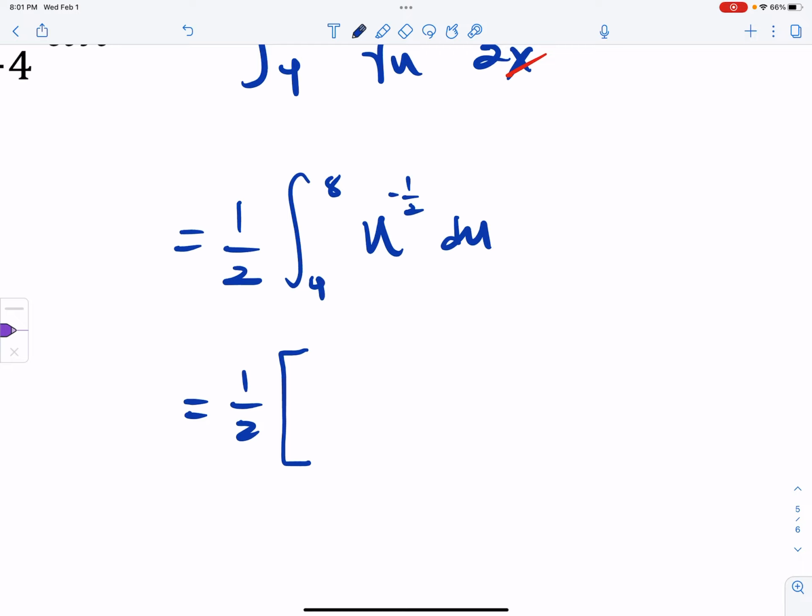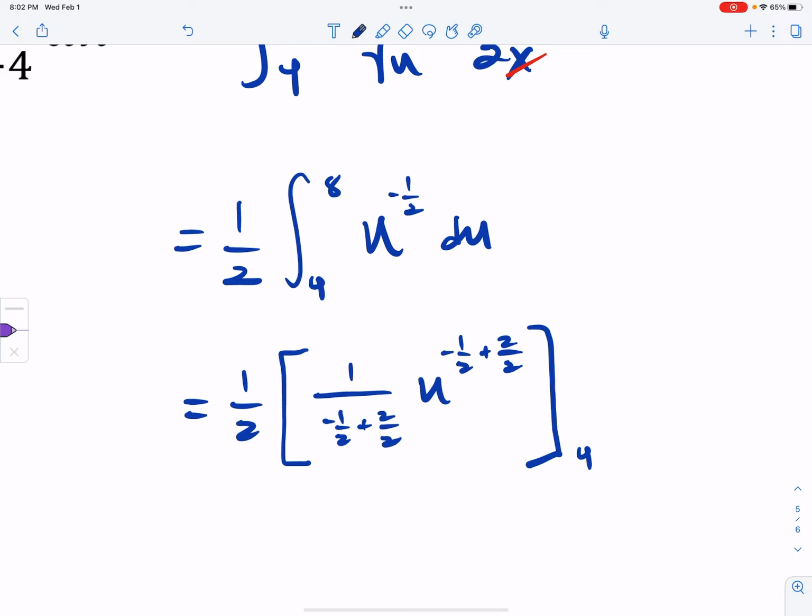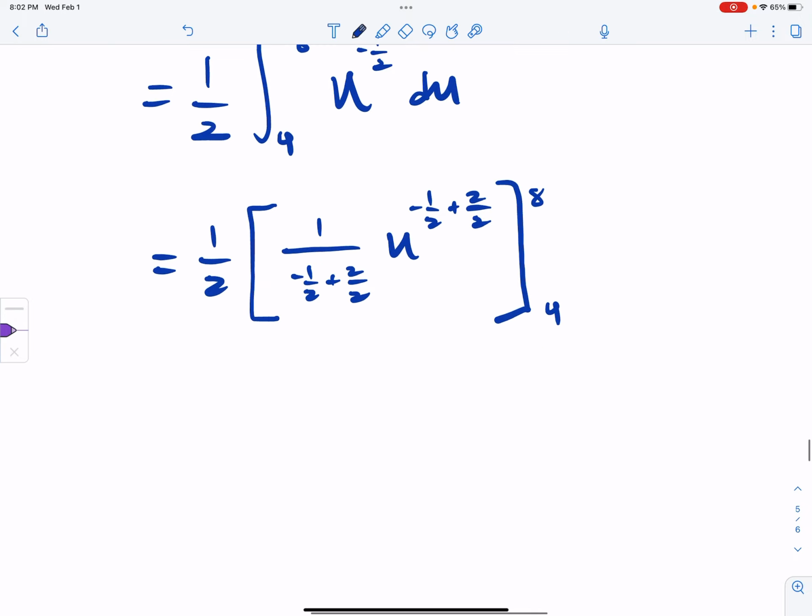That'll be 1 over negative 1/2 plus 1, u to the negative 1/2 plus 1. We don't need plus c. Write down our limits of integration. I'm going to do one extra step of simplifying here: 1 divided by 1/2 is just 2, so 2 times u to the 1/2.